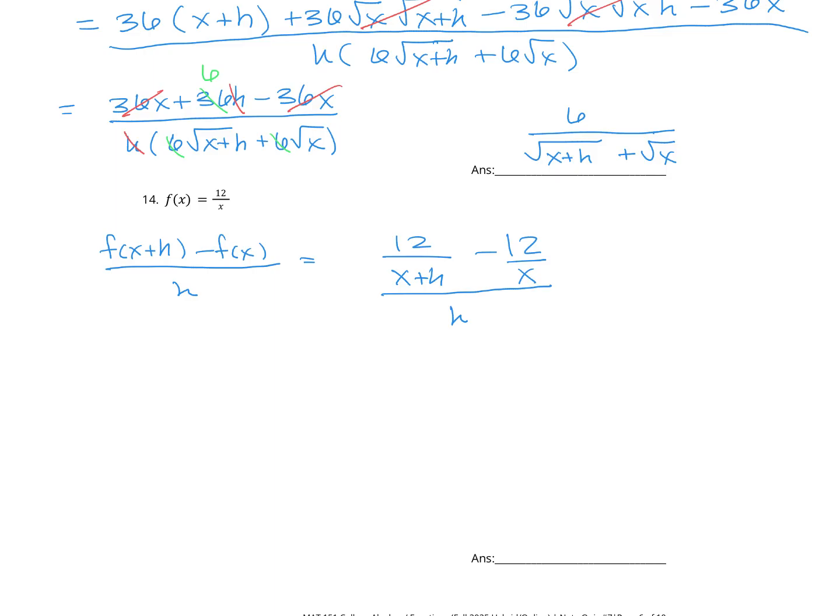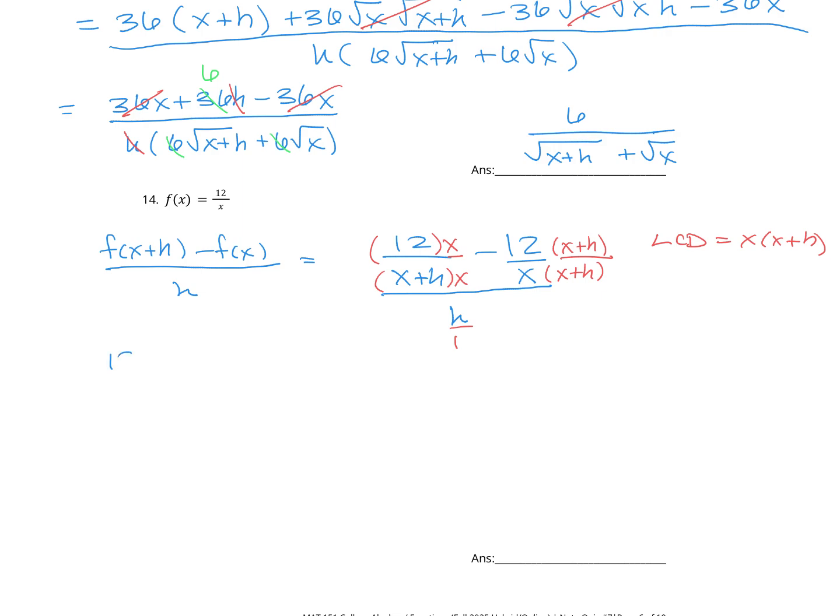You're going to notice that we need to subtract two fractions here, so let's get common denominators. That's going to be x and x plus h. Let's kind of write that off to the side. So in the first one, we're going to multiply the top and bottom by x. And in the second one, multiply top and bottom by x plus h. And while we're at it, let's make that an h over 1.